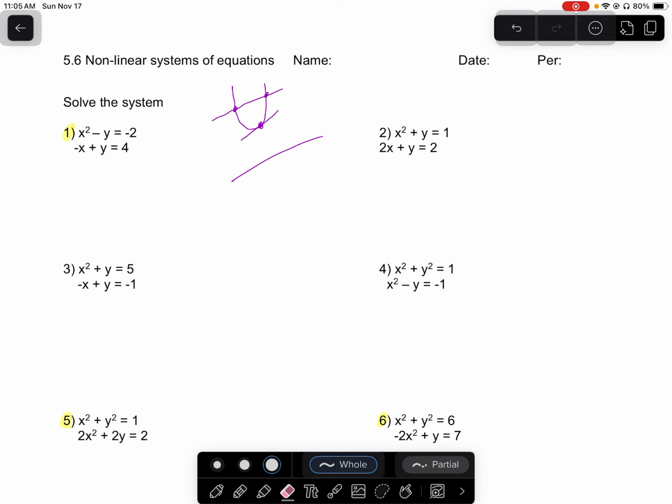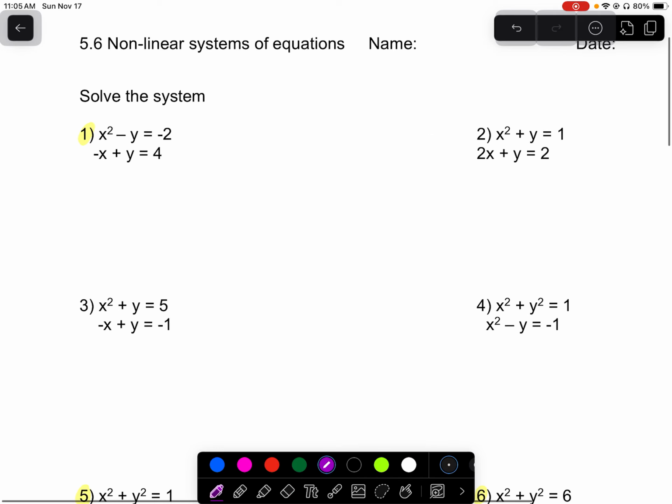So you could possibly get one answer, 2 answers, or no answer at all. So that's why we need to be very careful when we're doing these, and especially make sure that you check your work. Now let's take a look at problem number 1.